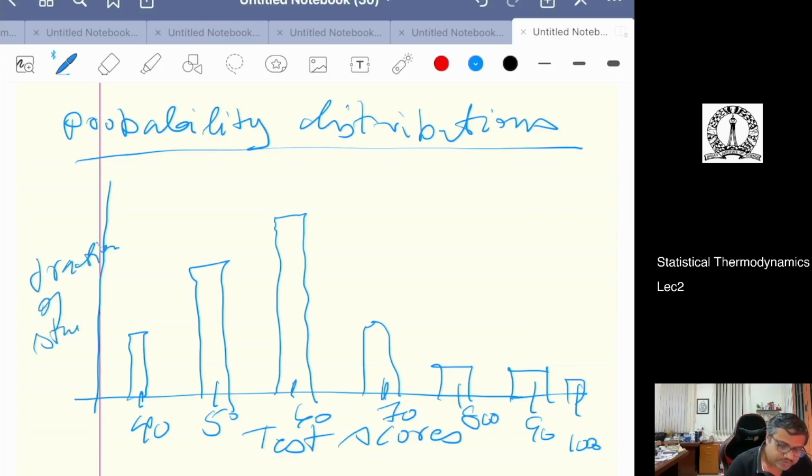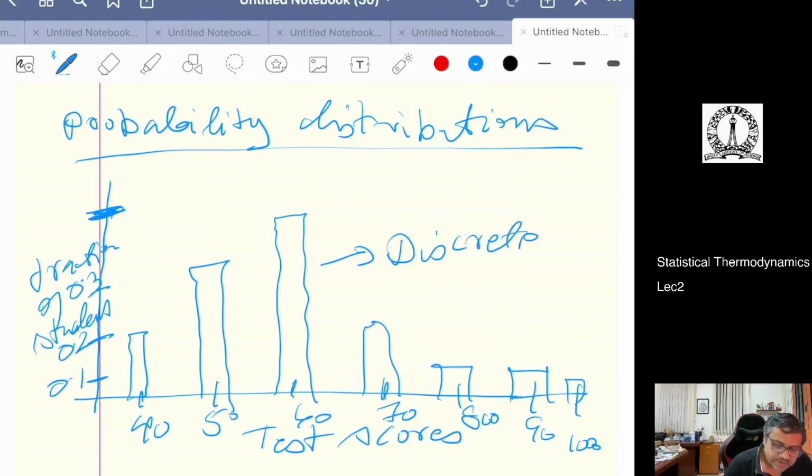Fraction of students. So this is like the total. You can have 0.1, 0.2, 0.3, etc. Right? So this is what we call a discrete probability distribution.